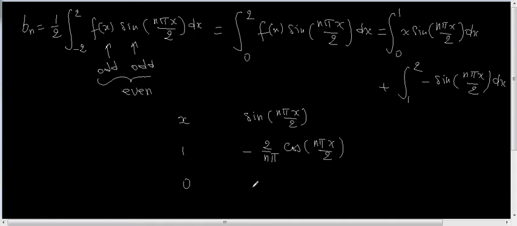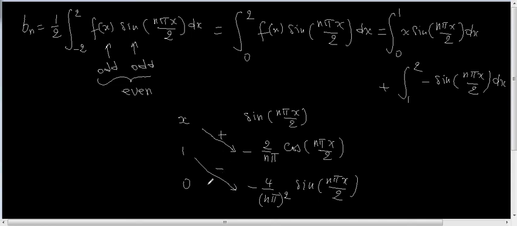We integrate again, that will be minus 4 over n pi squared times sine n pi x over 2. And we have to do these products starting with plus followed by minus.